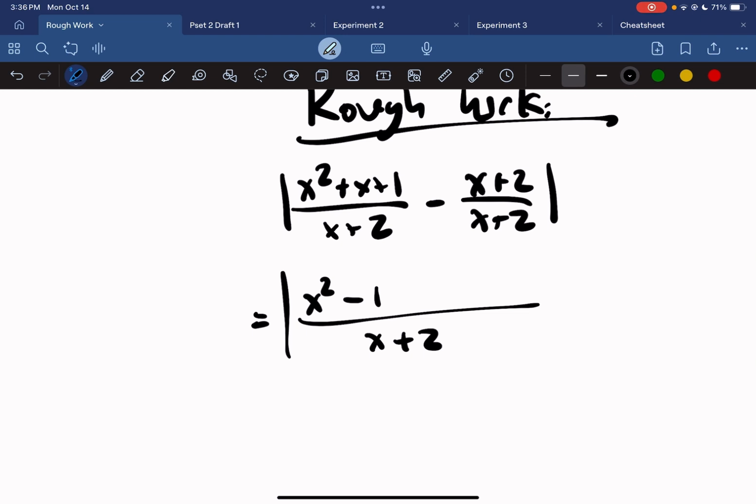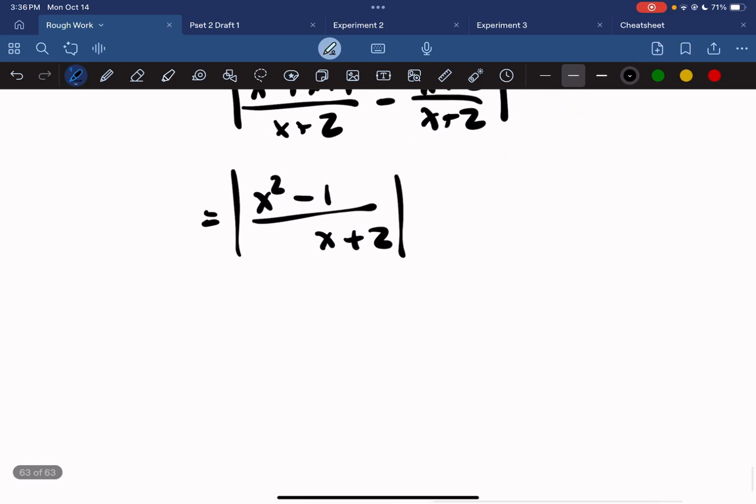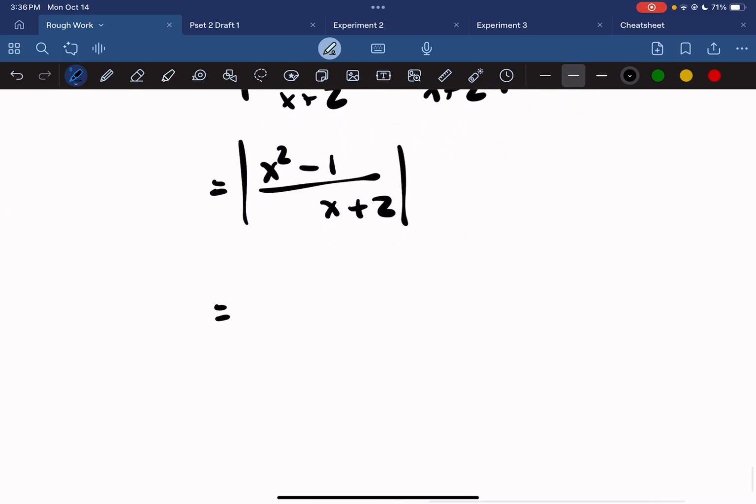So this ends up being our algebraically manipulated solution. Now we can get |x plus 1|, |x minus 1|, because we just factor this one out, over |x plus 2|.